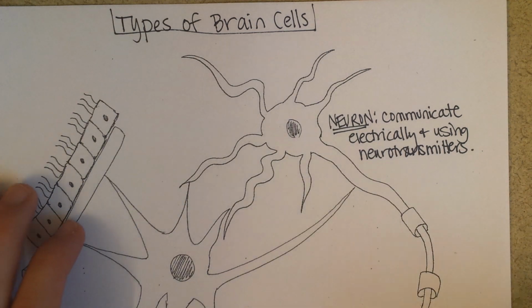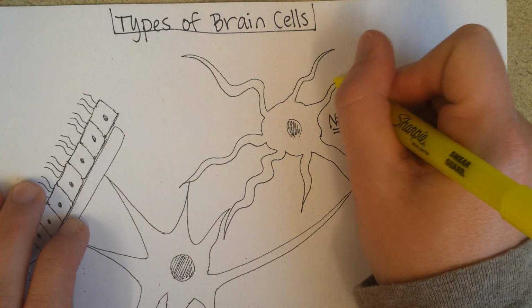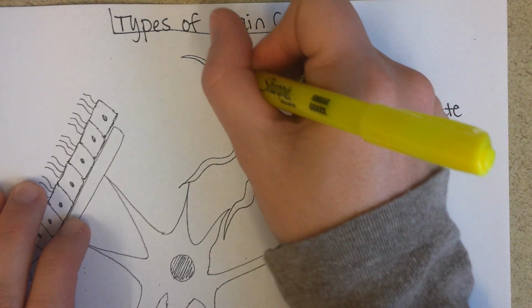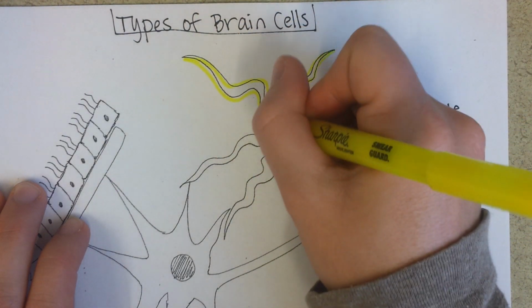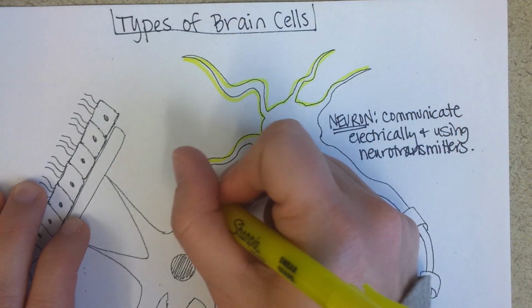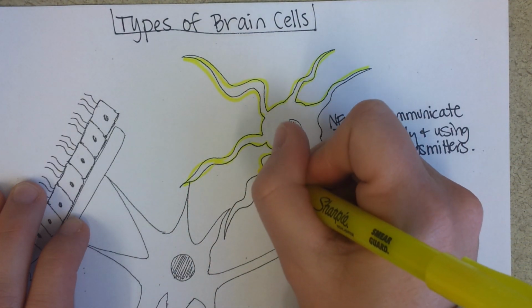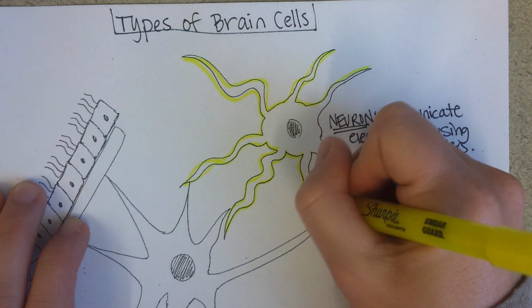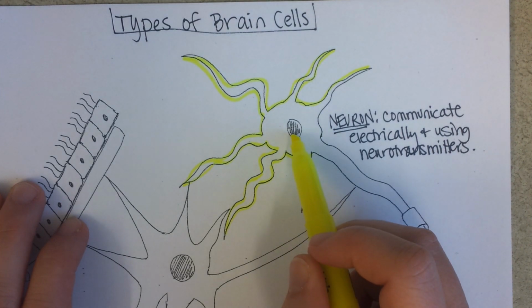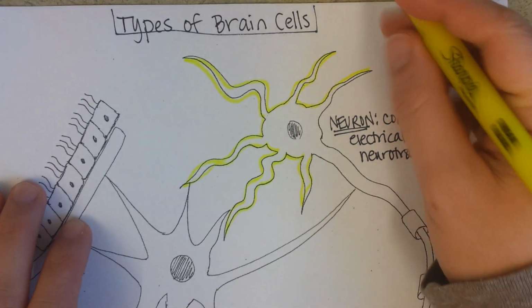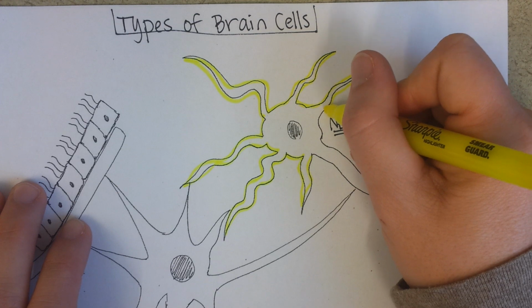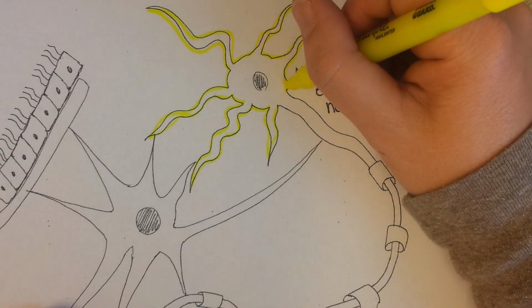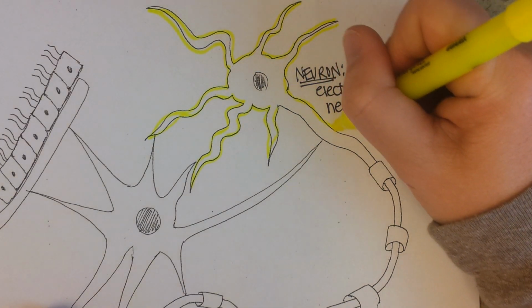So let's go ahead and highlight the neuron in yellow. What we're highlighting right now, these are dendrites coming off of the cell body, that would be the nucleus, and then something that is important in understanding the flow of electrons through the neuron is the axon right here.